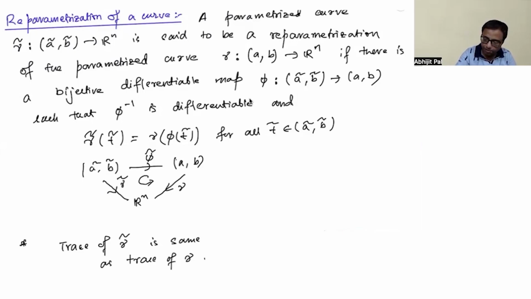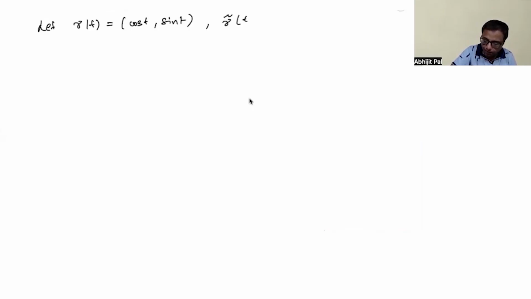So for example, let us take a simple example. Let gamma of t equal to cos t, sin t, and I can take this gamma tilde of t tilde to be equal to sin t tilde, cos t tilde.